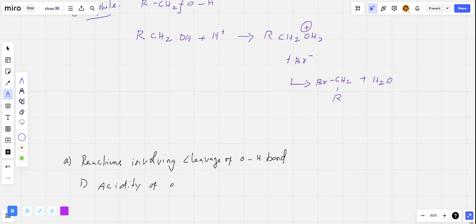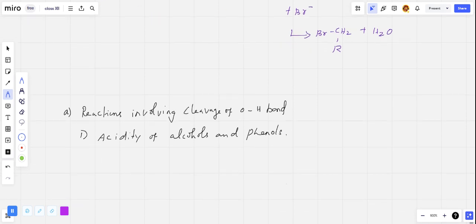Acidity of alcohols and phenols. If you take acidity of alcohols, first, how do you know that alcohols and phenols act as an acid?